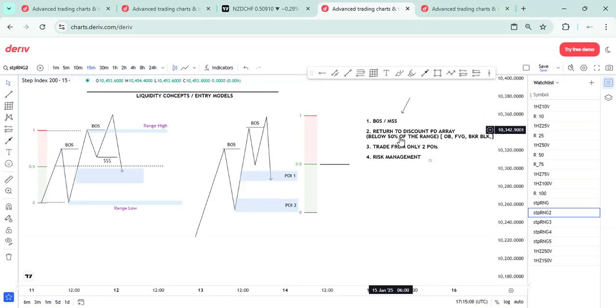And then you are going to also need a return to discount PD array. And that means below 50% of your trading range. All right. And you have order blocks, fair value gaps, and breaker blocks for your entry. So those who also understand demand and supply zones can equally use it. And fair value gaps are also known as imbalance.